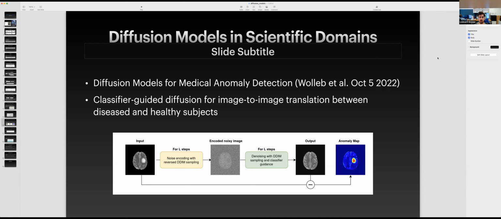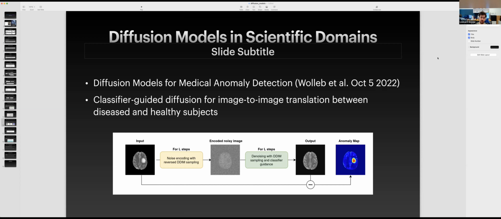So the first one is diffusion models for medical anomaly detection, published at the beginning of October, so about a month ago. The idea is to use classifier-guided diffusion for image-to-image translation between diseased and healthy subjects.